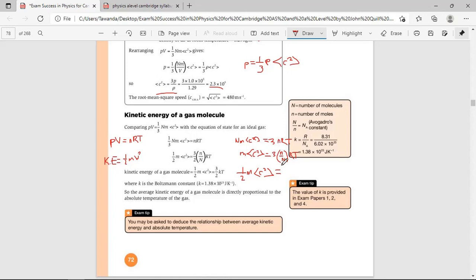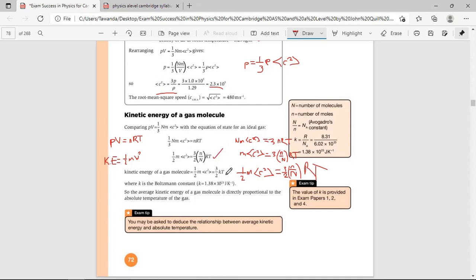So if you introduce your half here, it will be 3/2, small n over capital N, then RT. So this one is the equation that was derived.